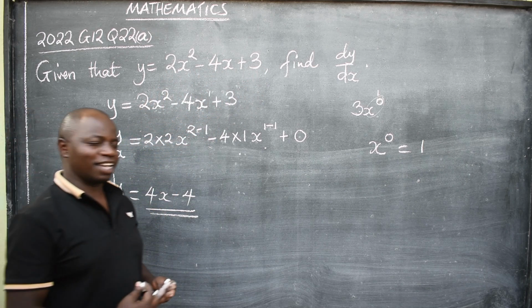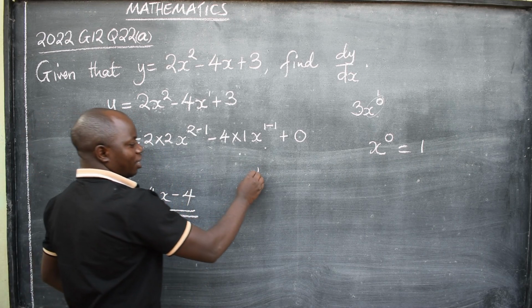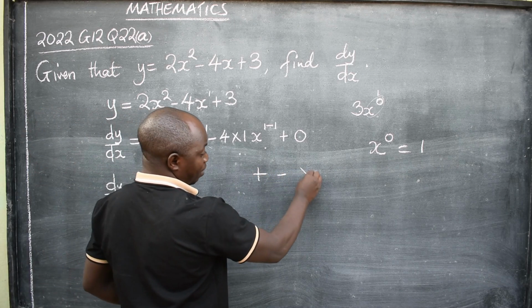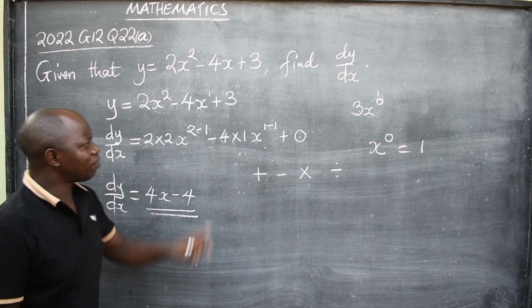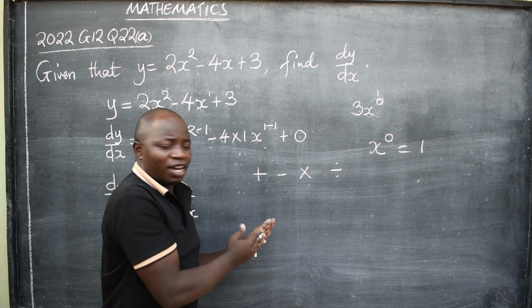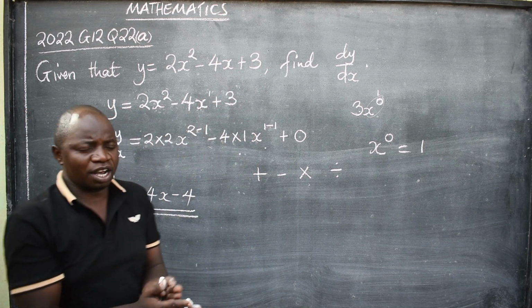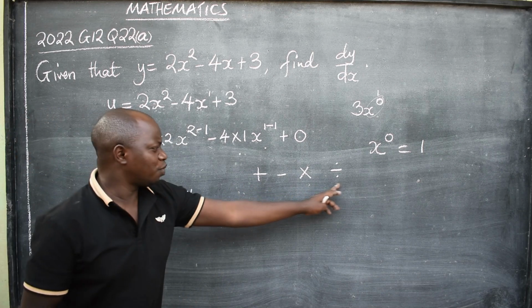Now bear in mind, of the 4 operations, we have only used 2. Under differential calculus, you use 2. Integral calculus, you use the remaining 2. Which 2 have we used here?